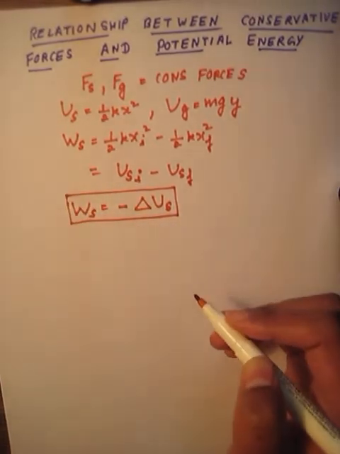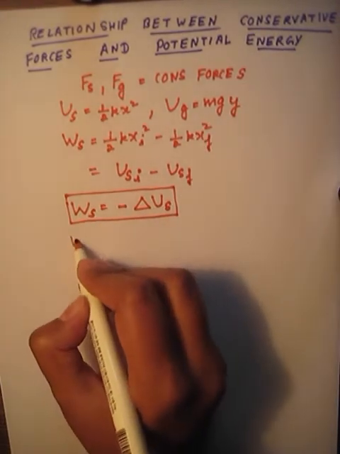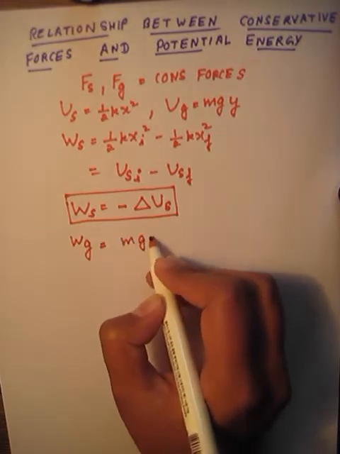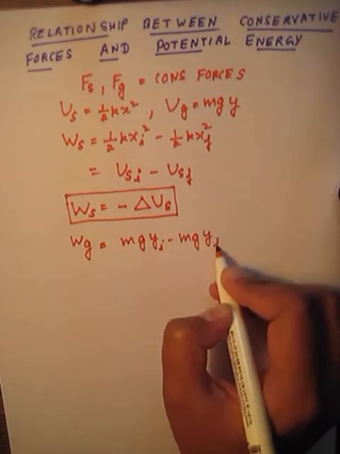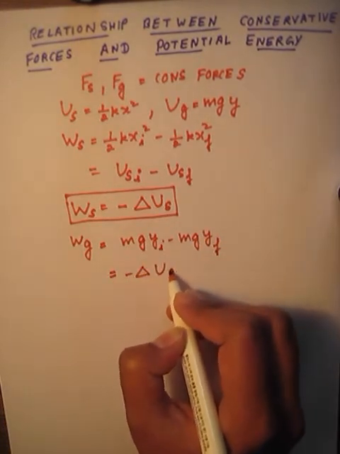So this will be the work done by the spring force. In a similar manner, the work done by the gravitational force is given by mg y_i minus mg y_f. So it will be minus delta U_g.